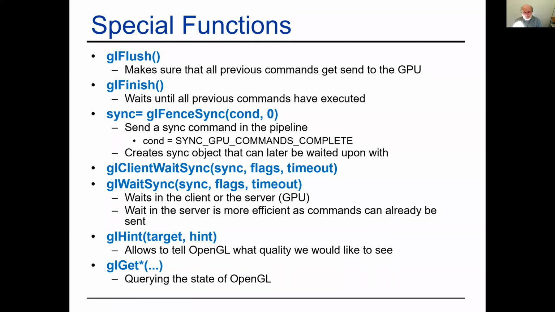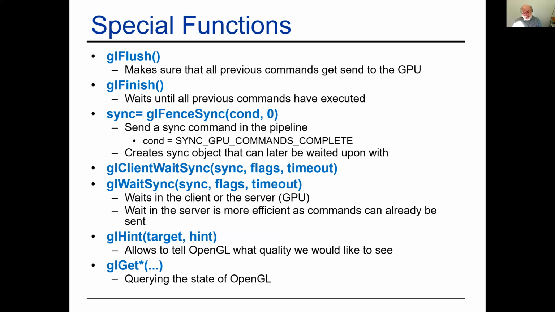What OpenGL typically does is buffer a number of commands and only send them if the buffer gets full, or if you issue certain queries or certain operations which would require reading back information from the GPU, and then implicitly OpenGL flushes the buffer and writes it to the GPU. So normally you don't have to do this by hand. But if you want to, then glFlush does that.